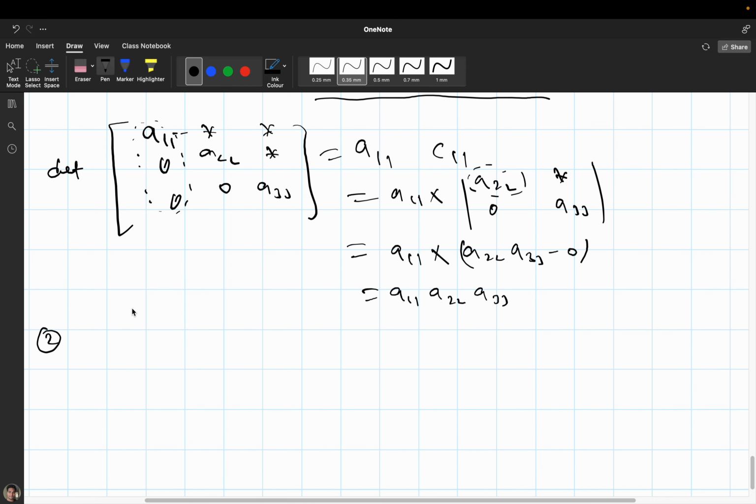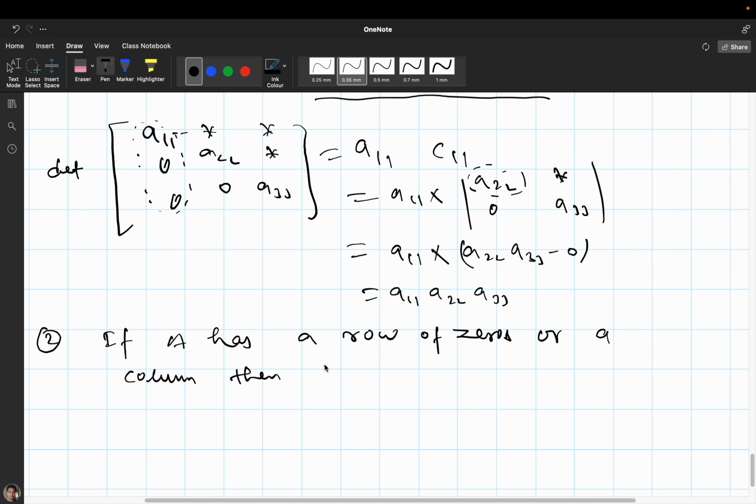Now, property number 2. If A has a row of zeros or a column of zeros, then the determinant of A will be what? 0.